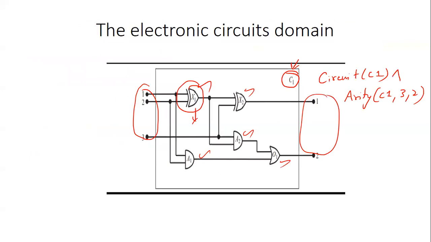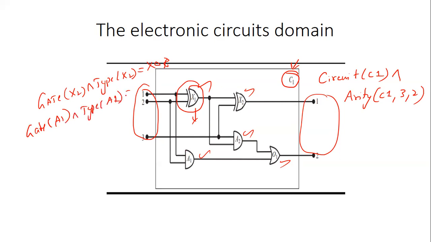Similarly, gate of X2 and type of X2 is XOR. Similarly A1 and A2: gate of A1 and type of A1 is AND, and gate of A2 and type of A2 is AND.